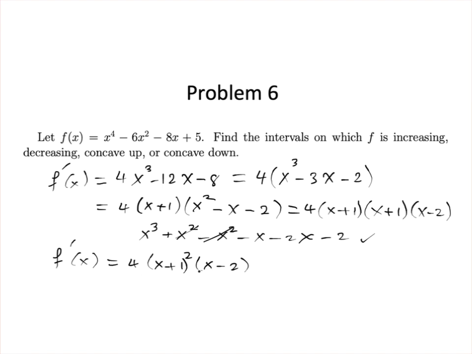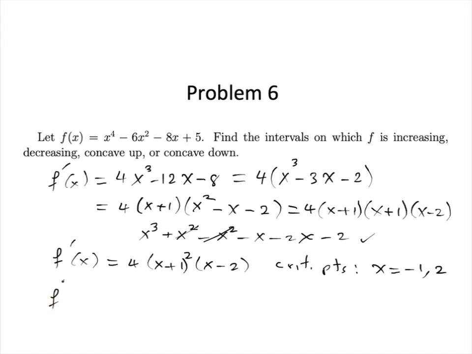And that gives me the critical points, which are negative 1 and 2. So these are the two places where I need to check whether the derivative changes sign or not. But let's do the second derivative and then we make a table.